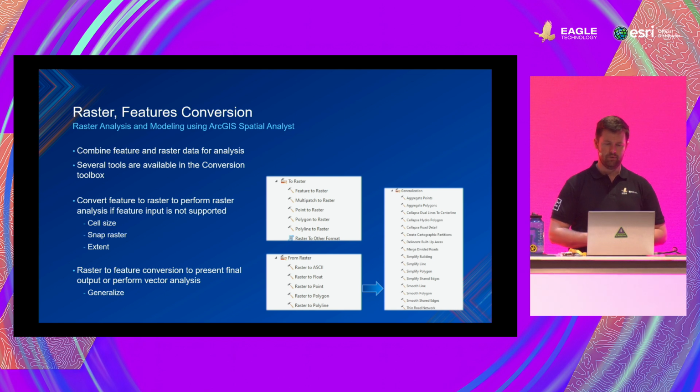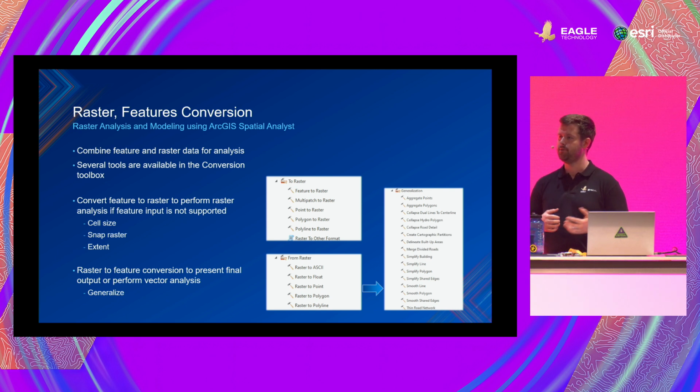So then going into some of the other tools that are available inside this, we do see these as pain points and bottlenecks for people who are using raster as a lot of their inputs within Pro for their analysis. That's why we wanted to just cover this as part of this tech update. Just be aware of the toolboxes that you have for converting feature and raster data between different formats for analysis.